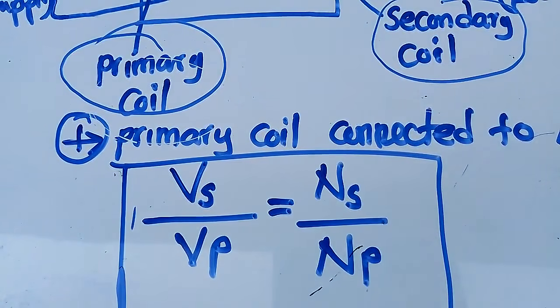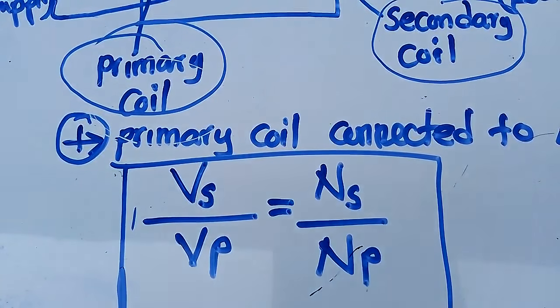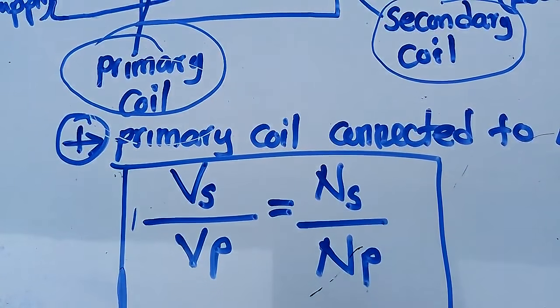So let's make sure we understand this formula very well. It will be very helpful, even as we revise through certain past papers from different exams, where we are going to see how to apply it. Each time you're talking about voltage and number of turns, the relationship between these two is summarized by this formula.